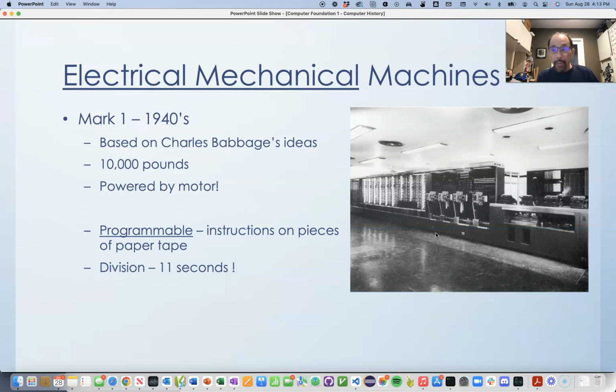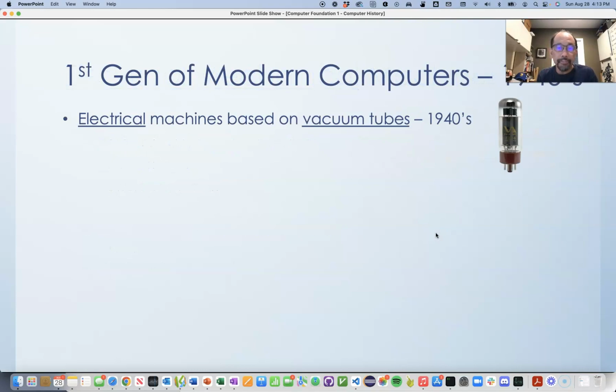It was programmable. You could program it by putting your instructions on pieces of paper, and it could do one division every 11 seconds, which was pretty good, considering it'll probably take you a good minute or more to do some long division, right? Okay, so those were the mechanical, electromechanical kinds of computers.